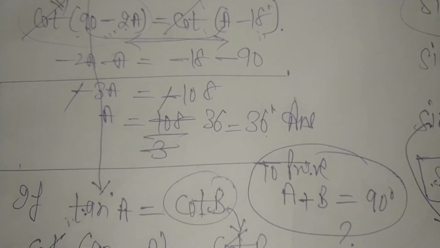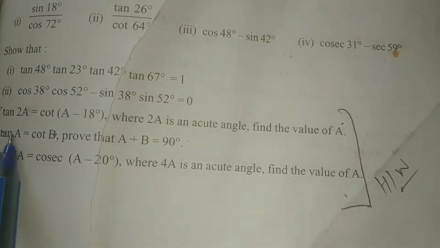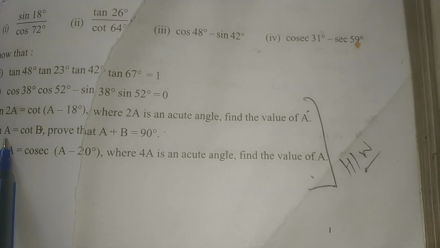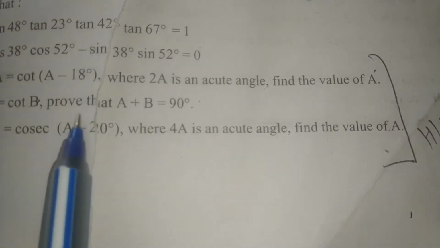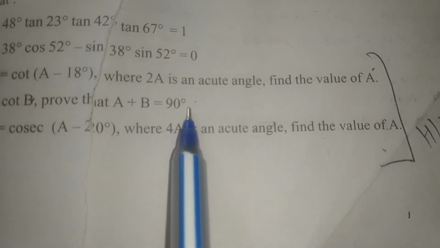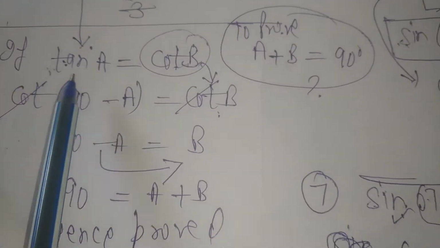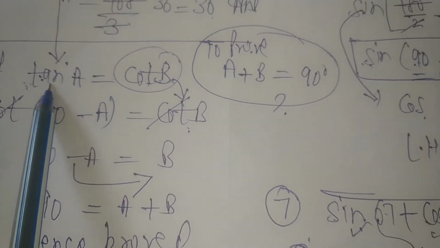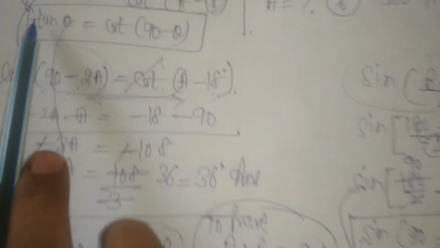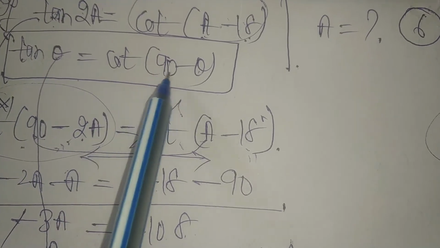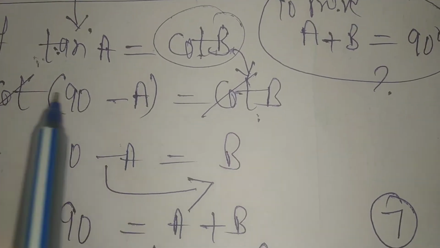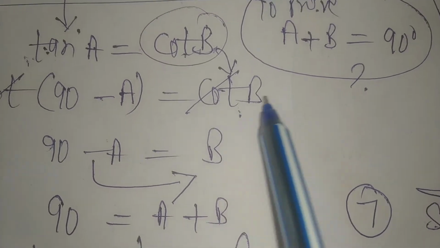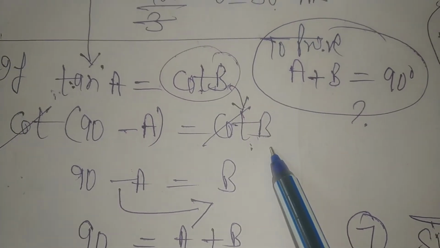So now question number 4. See the question in the book, page 189 NCERT book. If tan a equals cot b, prove that a plus b equals 90. See in the sheet. I will again use the identity tan theta equals cot 90 minus theta. So I am again converting this: tan a equals cot 90 minus a equals cot b, as it is, copy paste.